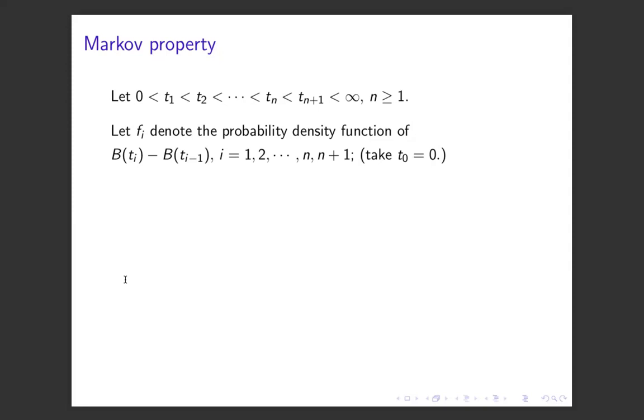So, to start with, let t1, t2, ..., tn and tn+1 be n+1 time points in increasing order.